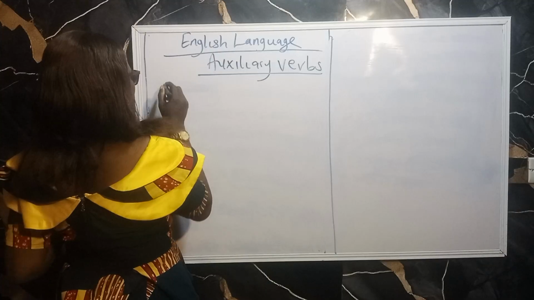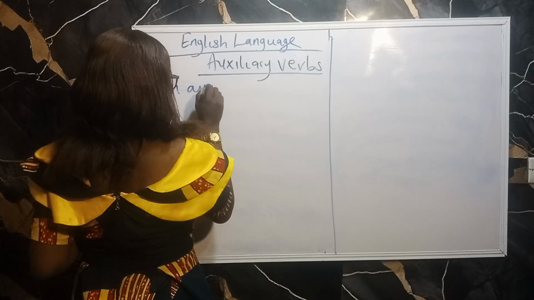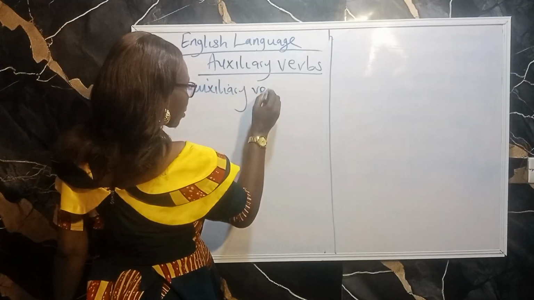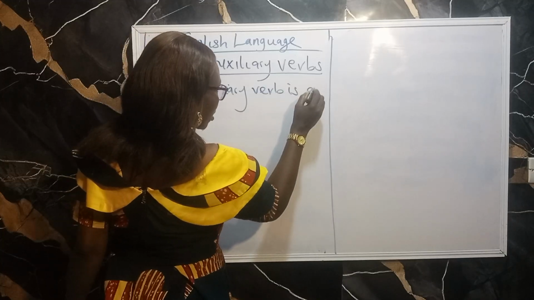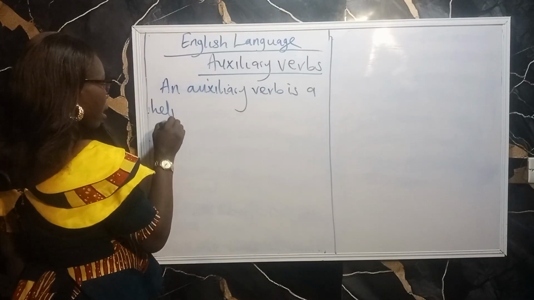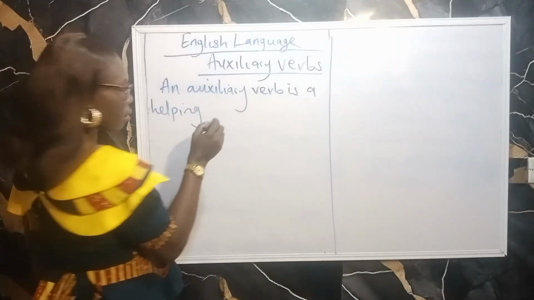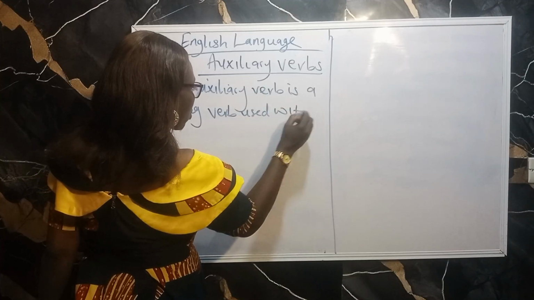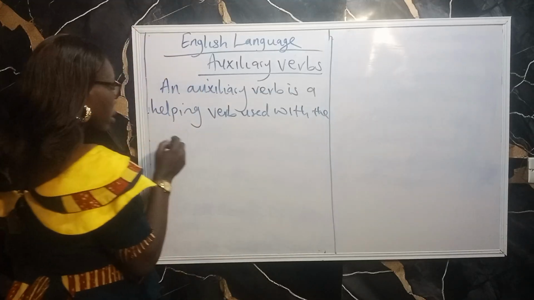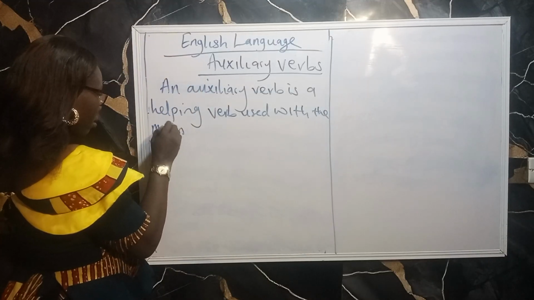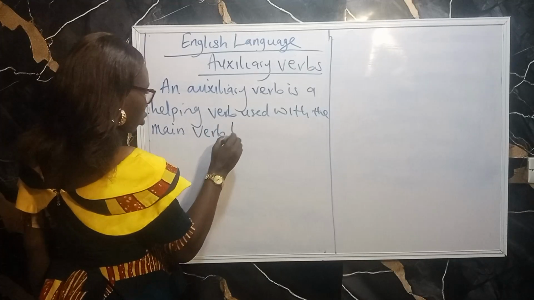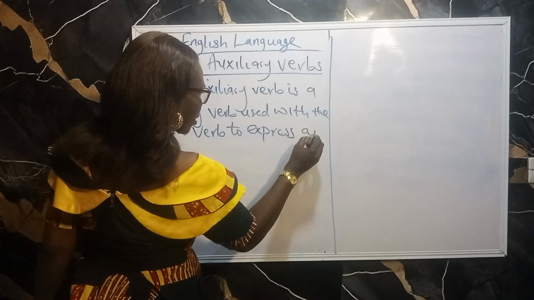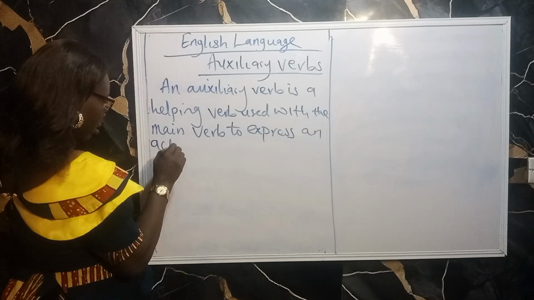Okay, let me start this way. An auxiliary verb is a helping verb used with the main verb to express an action.